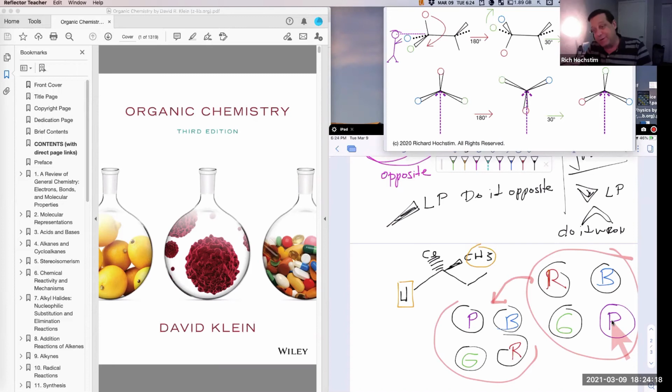I switched the position of two groups. Can you tell me which ones they are? The purple and the red. Oh, yeah. Well, that's it. That's how you do it.